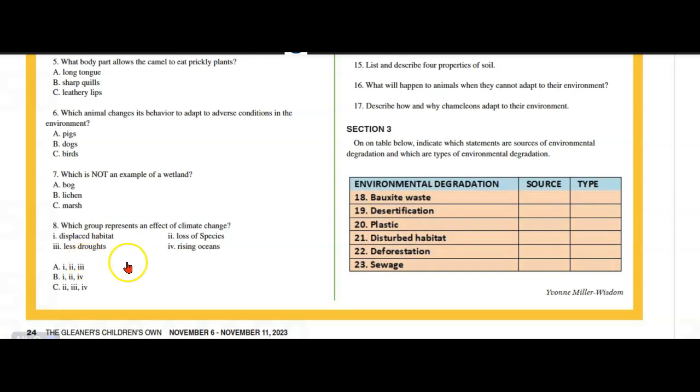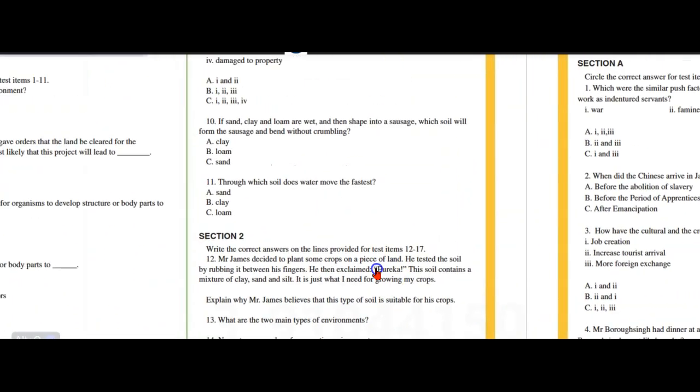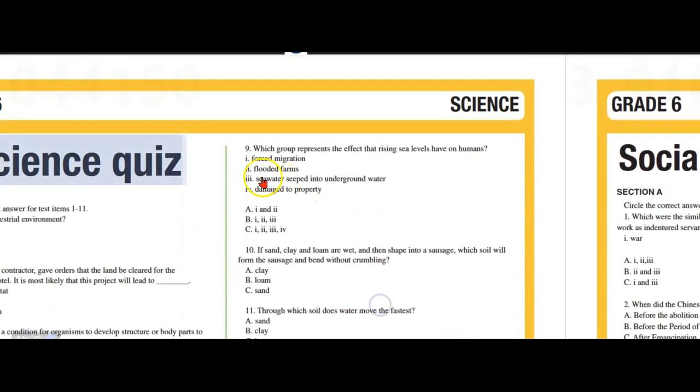Number 8. Which group represents an effect of climate change? Is it displaced habitats, loss of species, less droughts, or rising oceans? Let's go with 9. Which group represents the effect that rising sea levels have on humans?